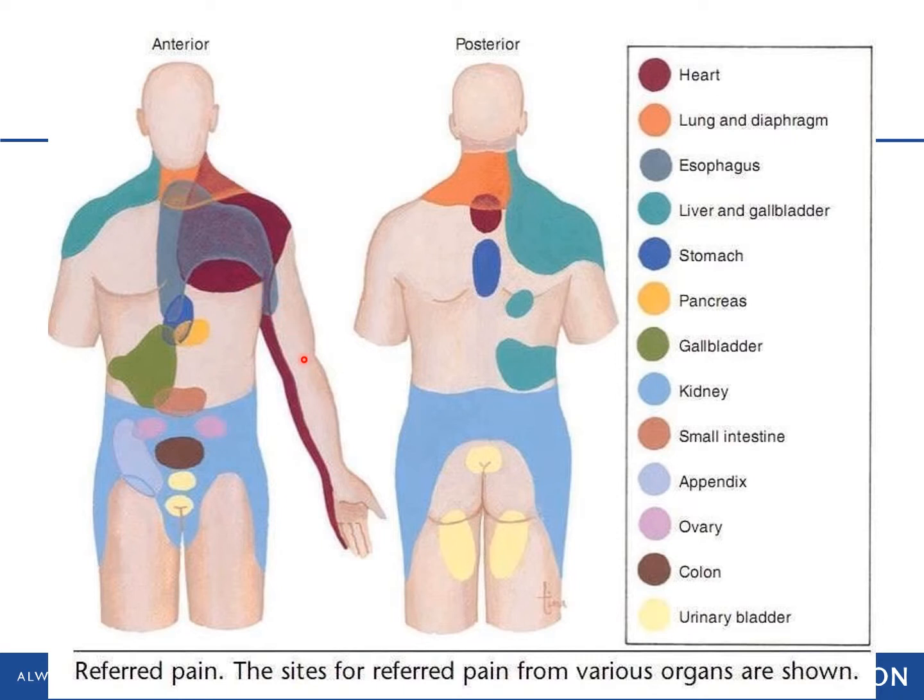So any pain in this area and this area, as well as the middle of the back, any pain in these areas could be cardiac, even if they're not complaining of just chest pain. So if you're complaining of pain just in your jaw, you have to think that this could possibly be cardiac related pain.